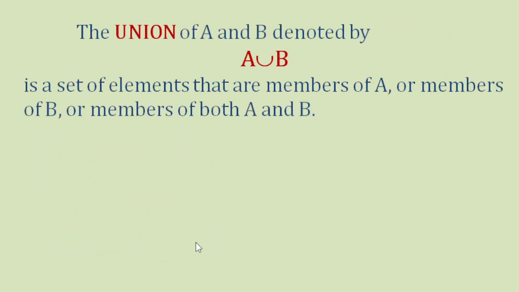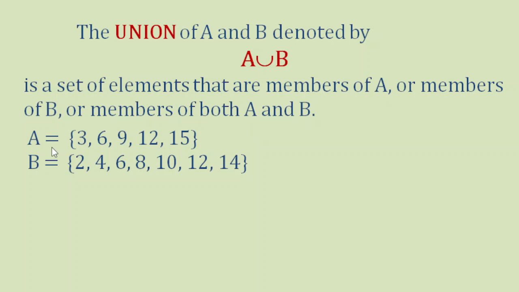The union of A and B, denoted by A union B, is a set of elements that are members of A, or members of B, or members of both A and B. For example, the elements of A are 3, 6, 9, 12, and 15.